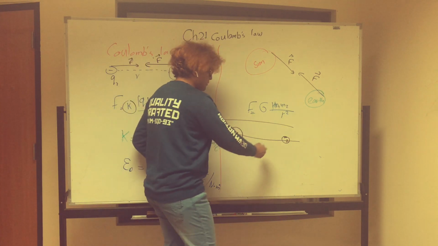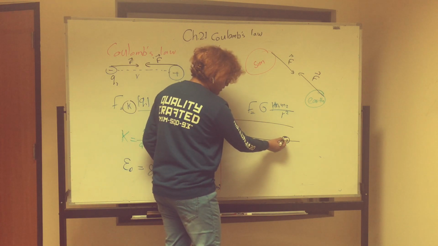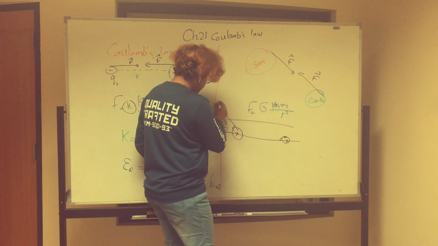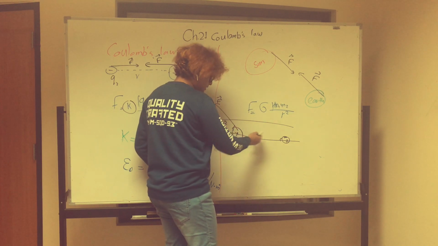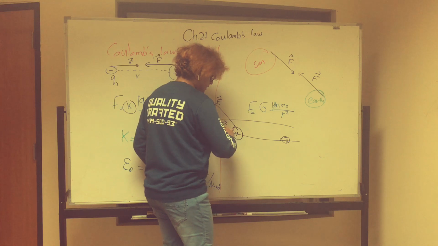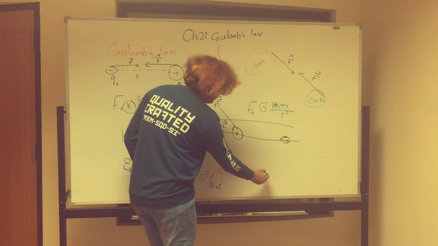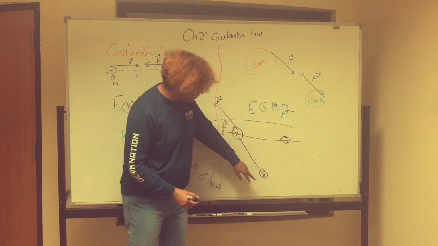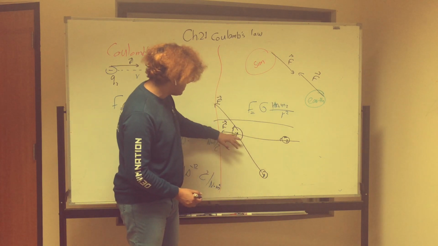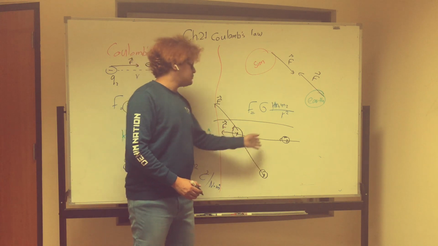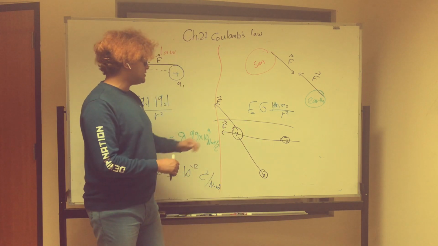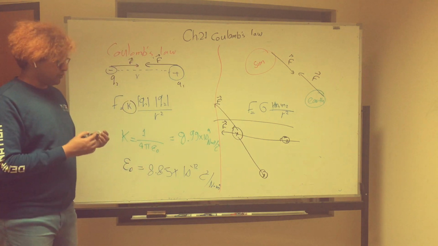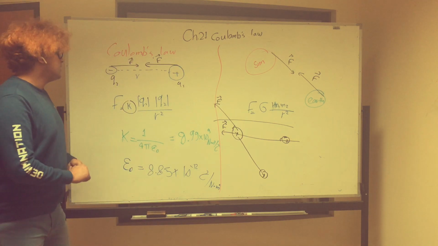We're not going to have a force acting on this with an angle, because this charge is aligned with this one. But if we have another charge like here, then the force is going to be coming straight out of this charge onto this charge. So when you work with vectors, you have to understand these sorts of alignments, and you need to know how to work with angles and whatnot.